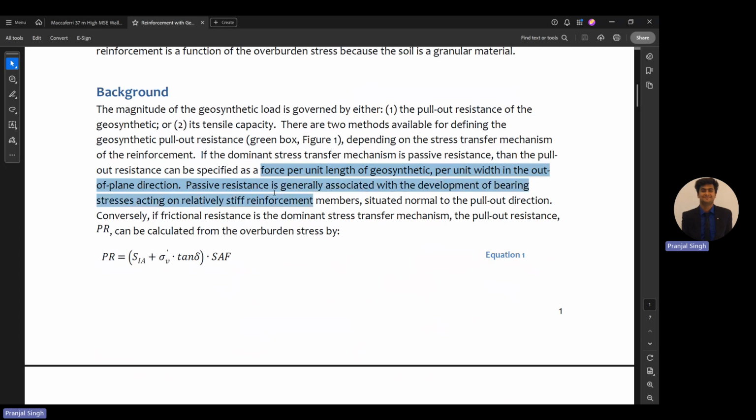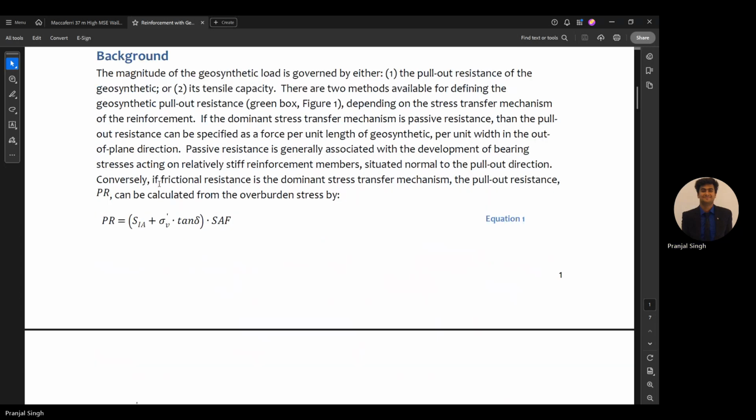It is independent of the overburden stress. Whereas if you see frictional resistance, this is the usual approach that we use, where it is the Mohr Coulomb value, and we multiply the overburden stress, effective stress, by tan of delta.